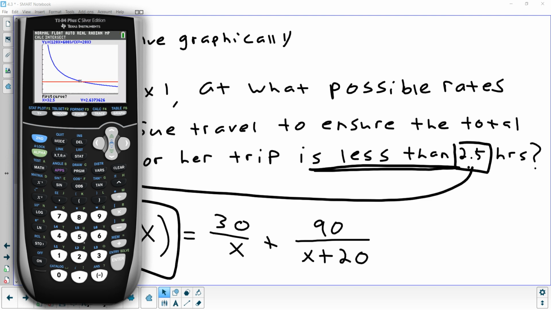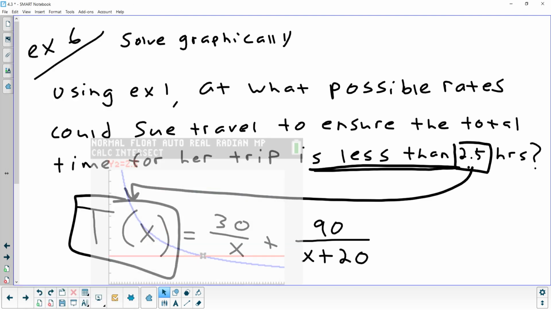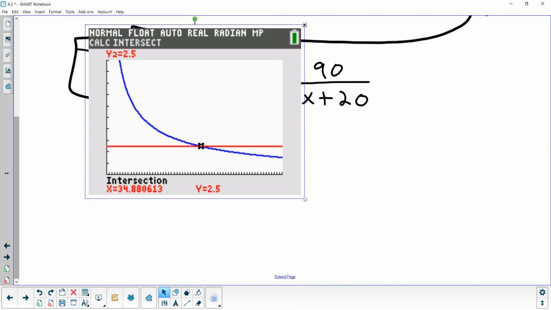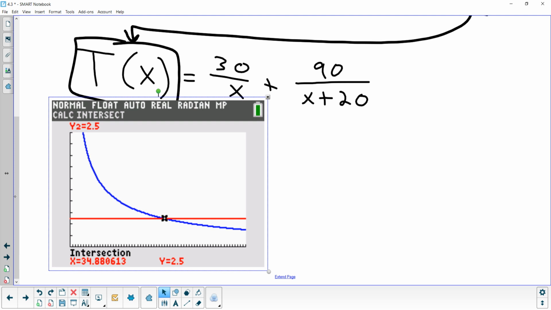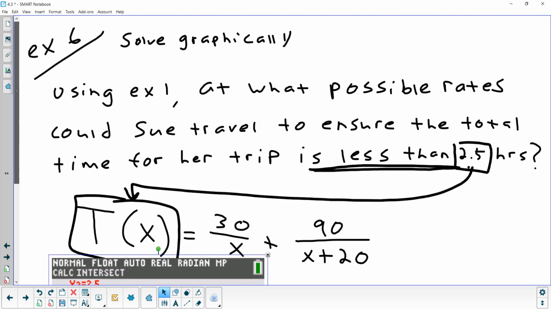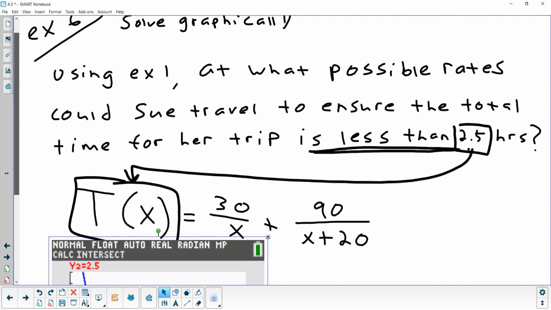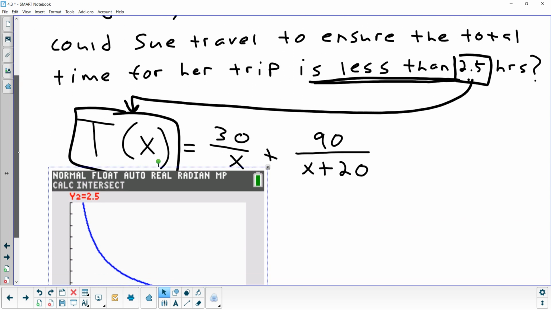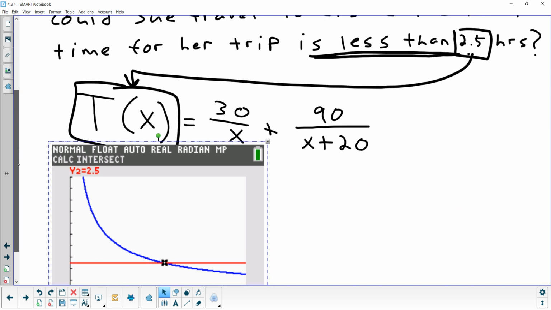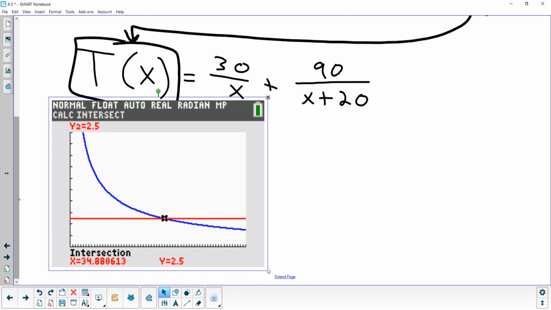Second calc, option 5. Hit enter. And it says they intersect when x is 34.89. So what speed would Sue have to travel at to make sure she completes the trip in less than 2.5 hours?